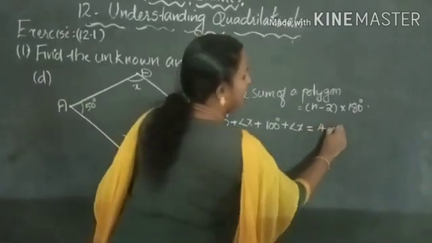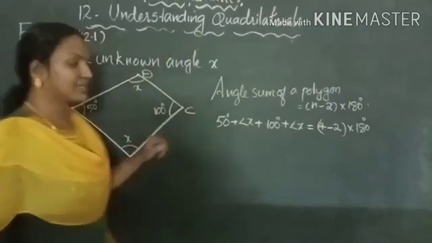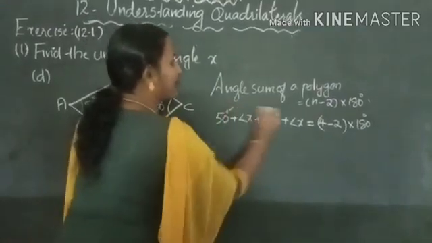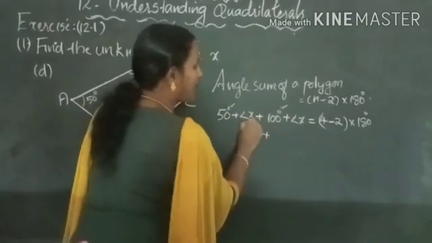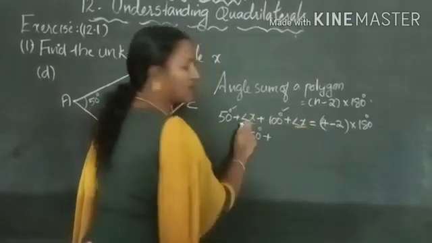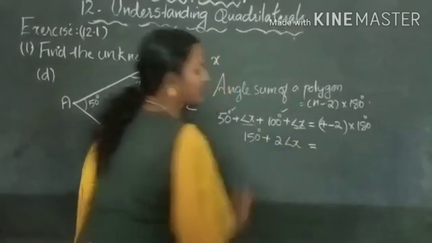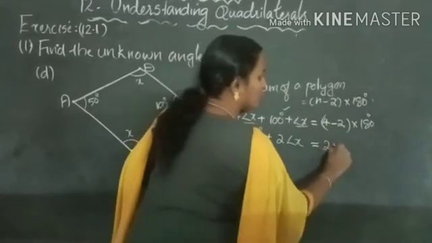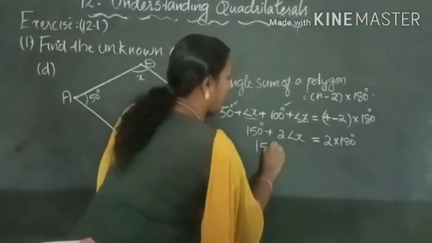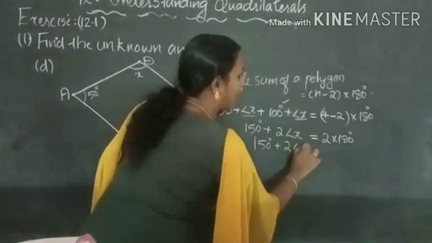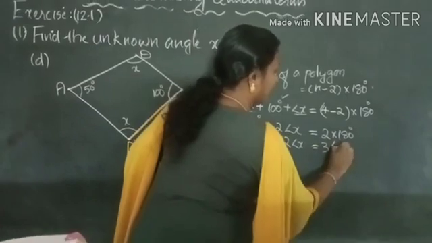So 4 minus 2 into 180. 50 plus 100, 150 plus angle x plus angle x, 2 into angle x is equal to 4 minus 2, 2 into 180. 150 plus 2 into angle x is equal to 2 into 180, 360 degree.